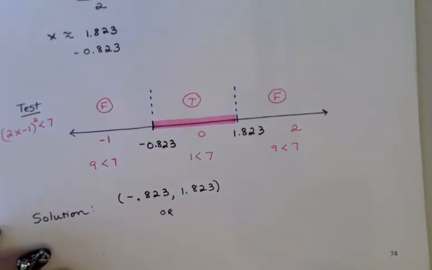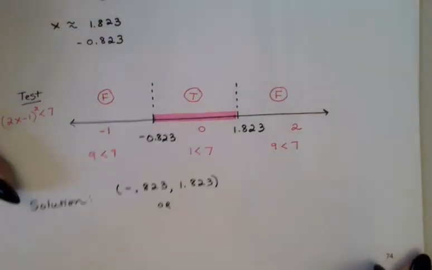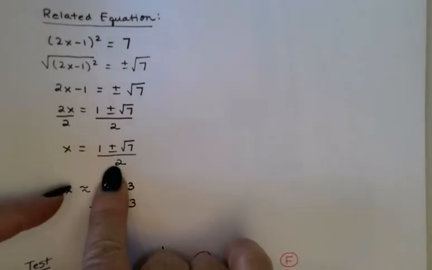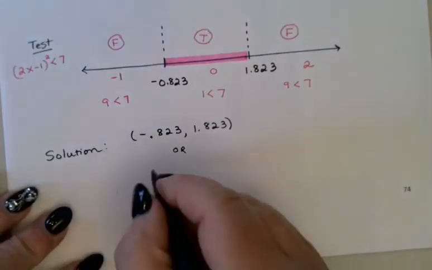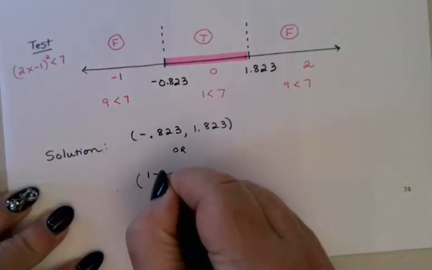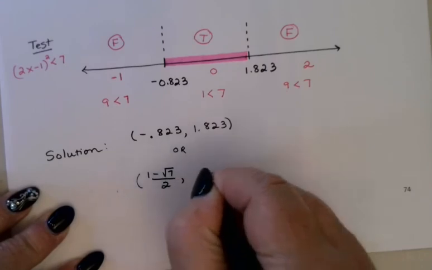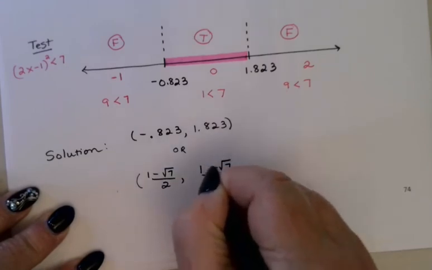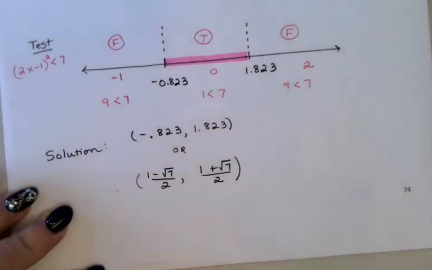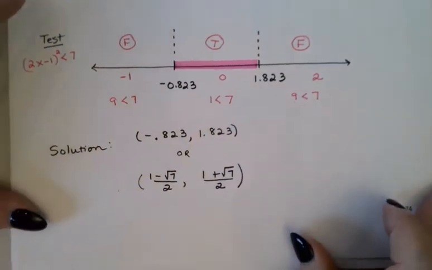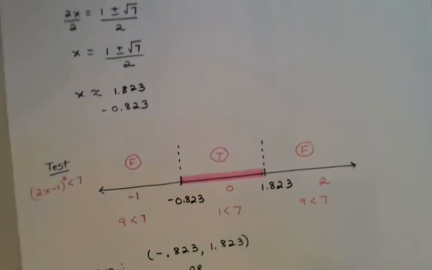Or if I want to be exact, I can go back to my exact values here and say this would go from 1 minus the square root of 7 over 2 to 1 plus the square root of 7 over 2.